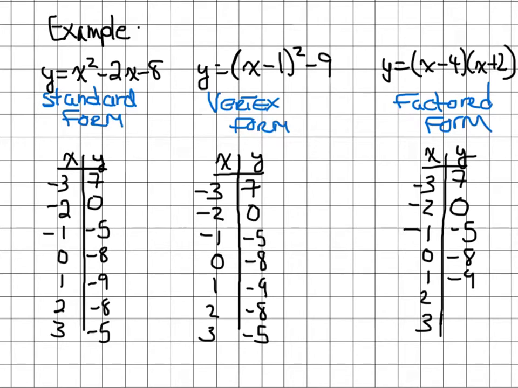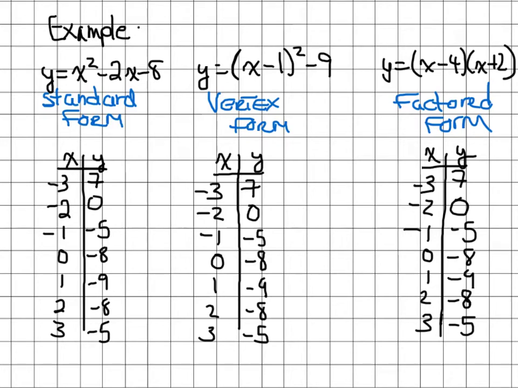Then minus 2 times 4 is minus 8. There we go. And then we have 3 minus 4, which is negative 1. And 3 plus 2 is 5. So minus 1 times 5 is minus 5.